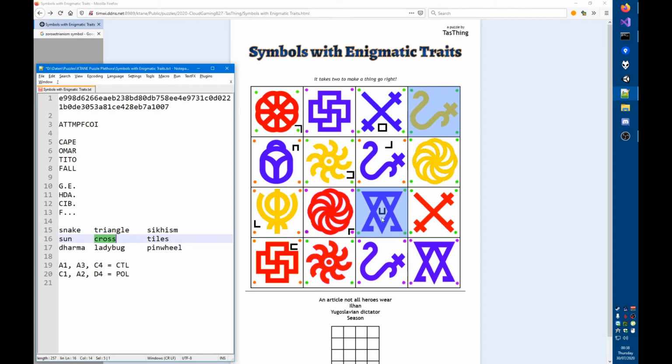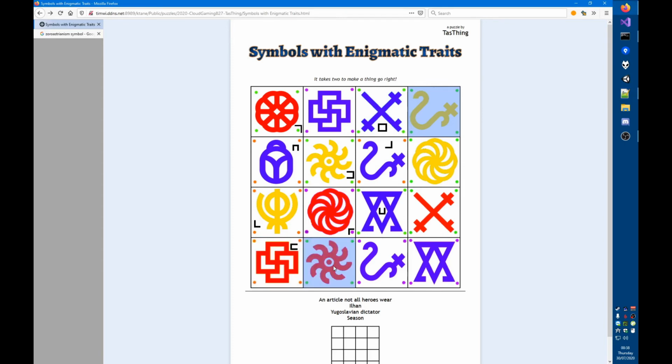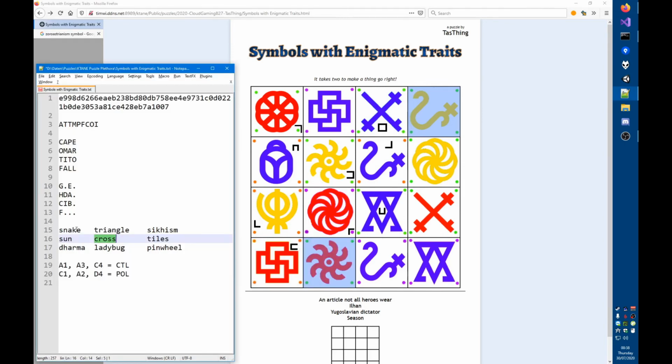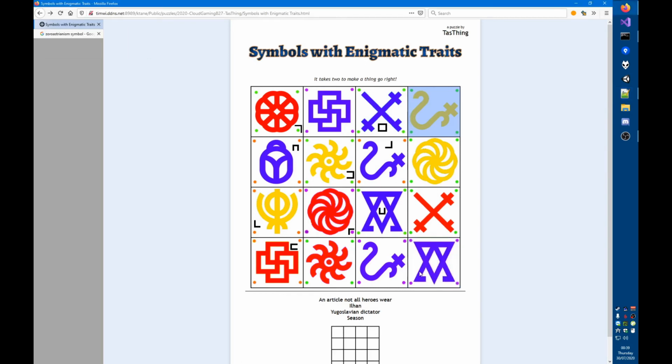There is no Sikhism after this. Then we have snake and cross, that requires a pinwheel. Snake and tiles requires Ladybug. Snake and sun requires Dharma, we don't have that. Two snakes, we don't have that. And then snake and triangle requires Sikhism. Oh, right. When I get to the end, I can stop there already.